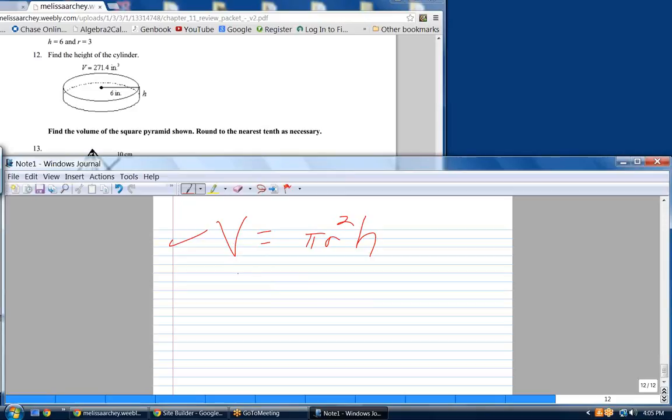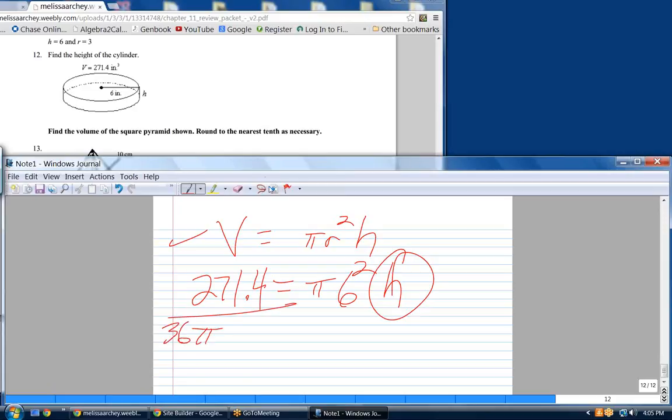So you put 271.4 in for V. Exactly. What's R? R is 6. Solving for H would be dividing the left side by pi, 36 pi. And that's all you do.